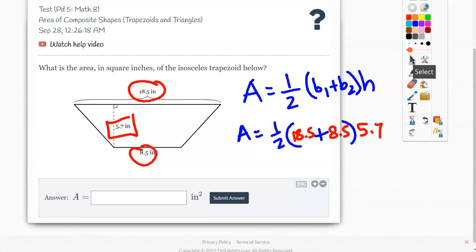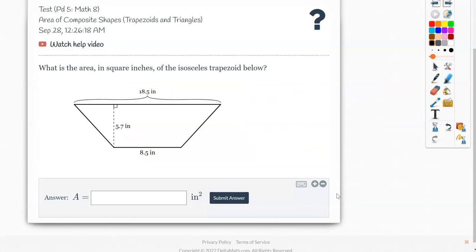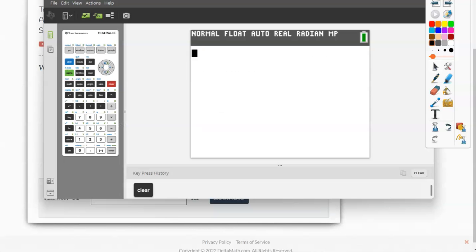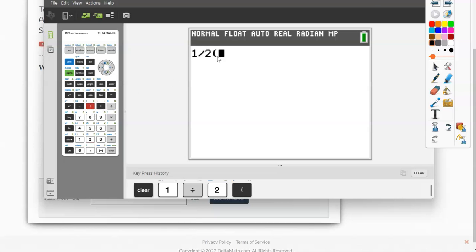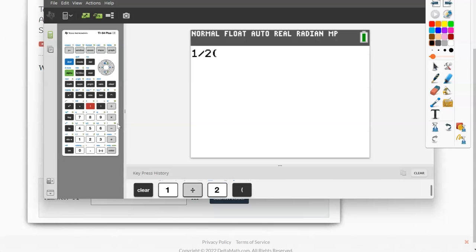So I'm going to show you that on my graphing calculator now. So my calculator is similar to the TI-30X2S. So right here, we're going to type 1, and now instead of an ABC button, I have a fraction bar here. So 1/2 times parentheses, right? Your calculator has parentheses, and we had 18.5 plus 8.5.